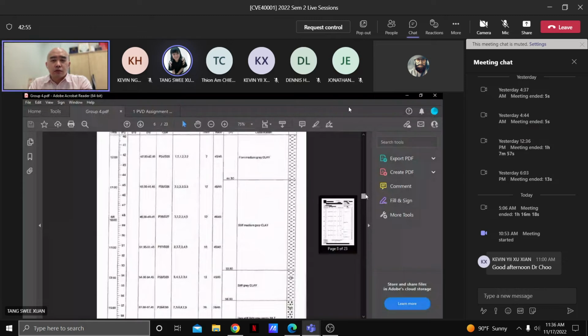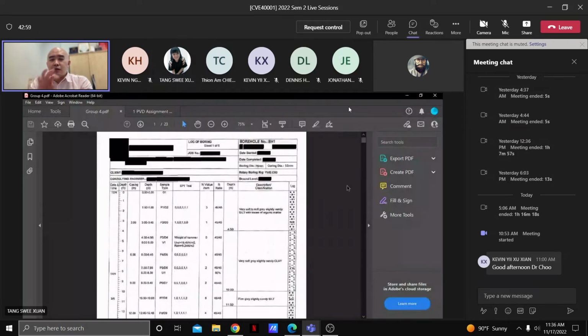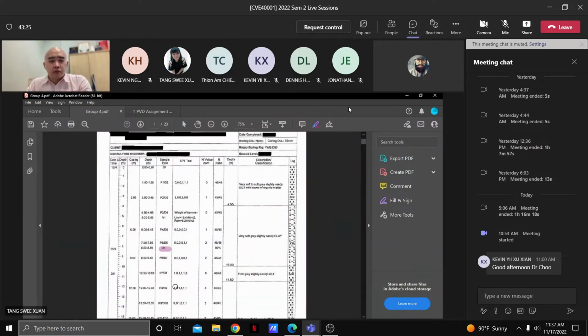The very first page, yes, borehole 1. Okay, so this is called a borehole log. Identify where U1 and U2 are. You can just use your highlighter in Adobe Acrobat Reader and highlight U1 and U2.